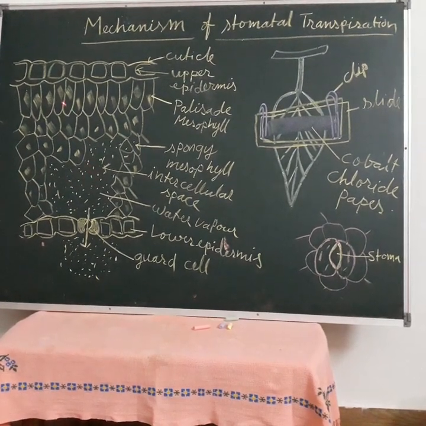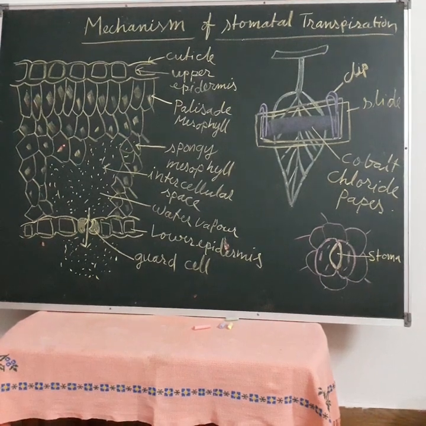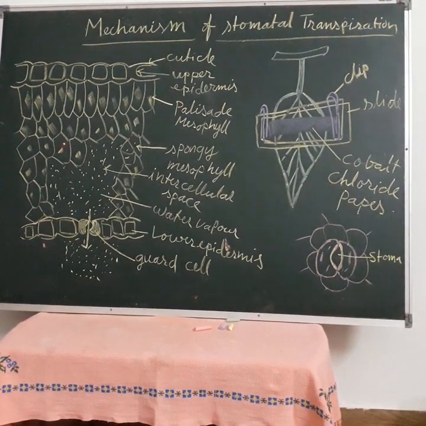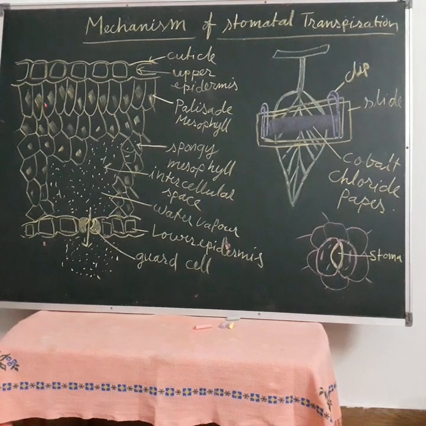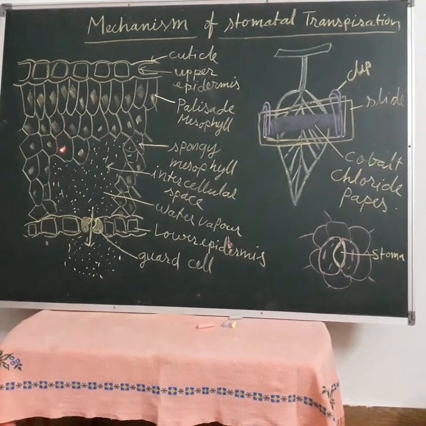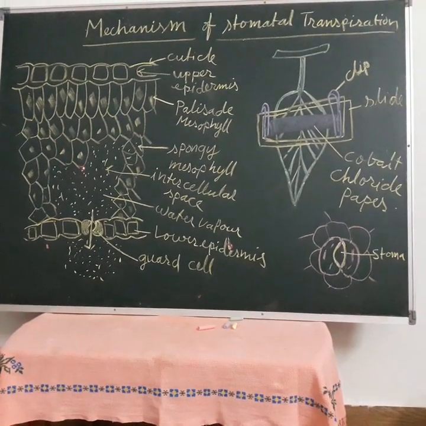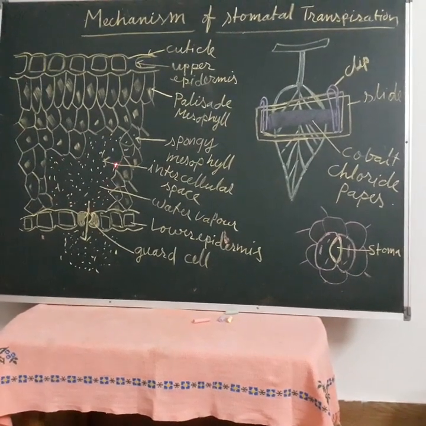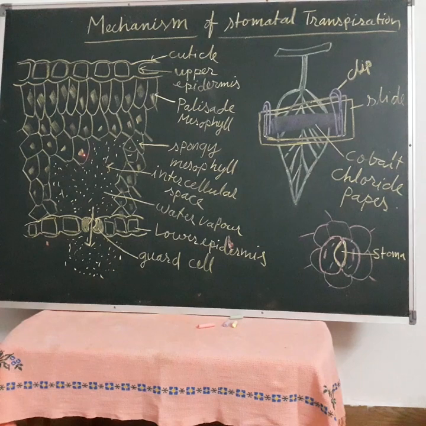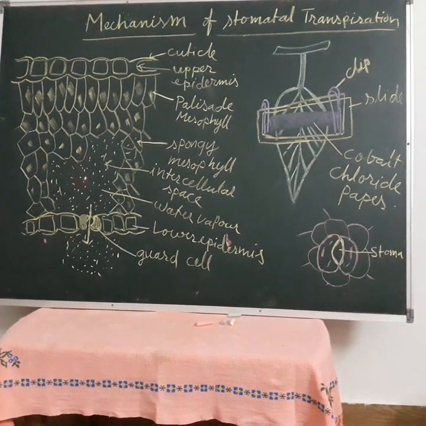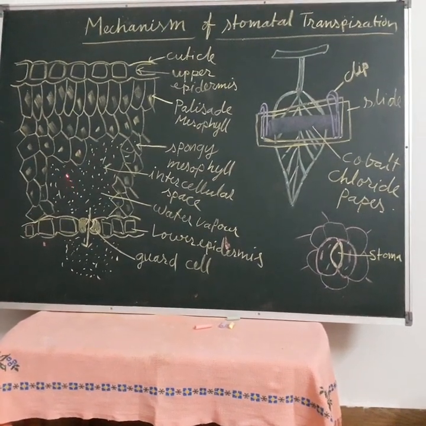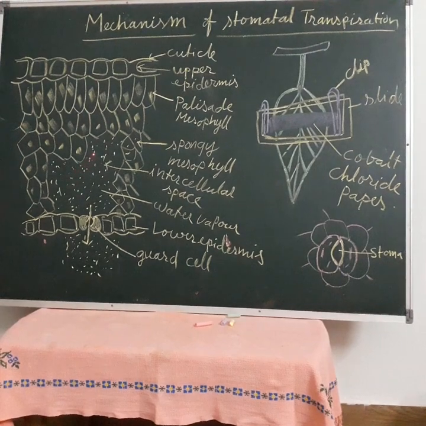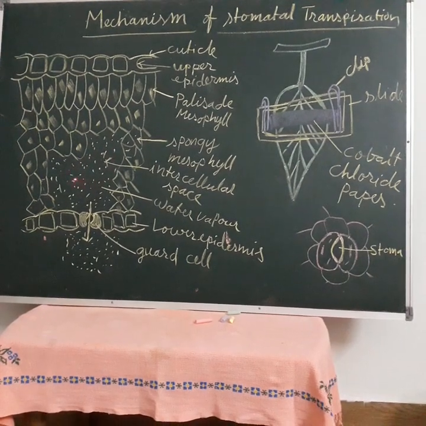We have studied that in cell-to-cell osmosis, water molecules move from one cell to another cell. Here these cells are exposed to this intercellular space, and that's why the water molecule is given out to this space, and that forms a thin film of water.